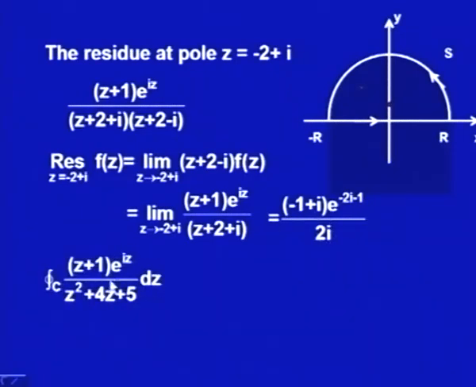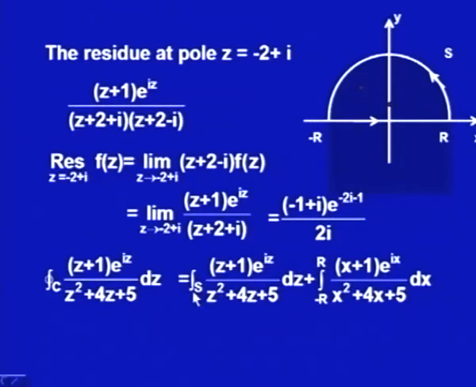We are now using the residue theory along this closed contour C, and this closed contour we are again breaking into two parts. One is the circular one and another is this part of the real line. So, we are writing it as the integral of (z + 1) e^(iz) upon z² + 4z + 5 dz along the semicircle S of radius r, plus the integral along this real line from −r to +r, and that we are writing in the x format: (x + 1) e^(ix) upon x² + 4x + 5 dx.